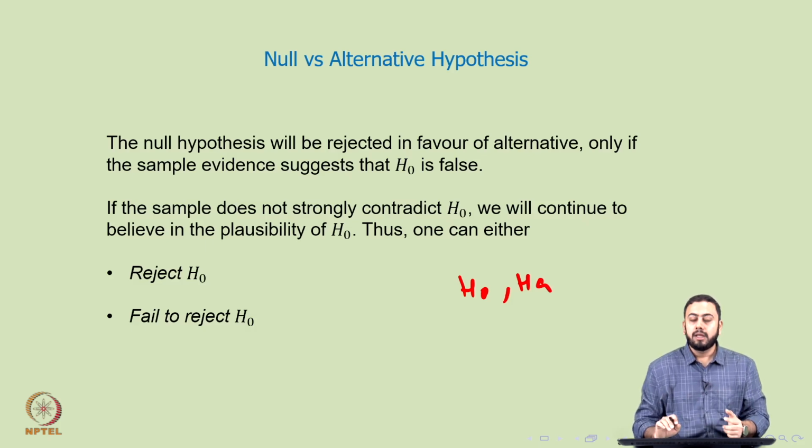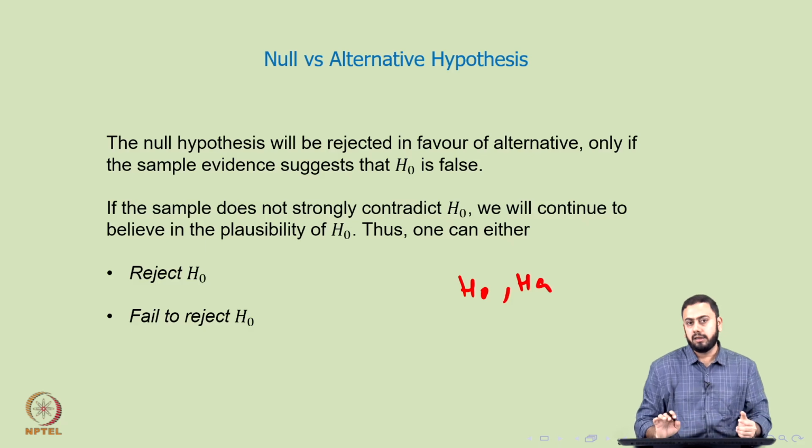The entire testing process revolves around the data set that you collect, because the key assumption is that the population is unknown. So how do you estimate the population? Always through the data set or the set of observations you have collected. Hence, we will say that the null hypothesis is rejected in favor of the alternative only if the sample evidence suggests that H naught is false.